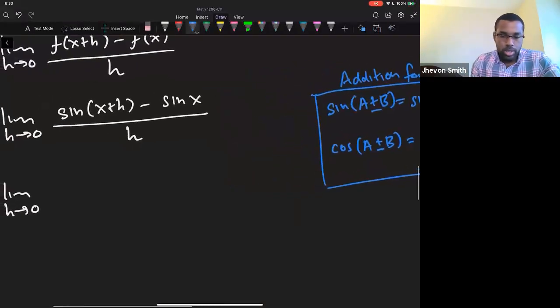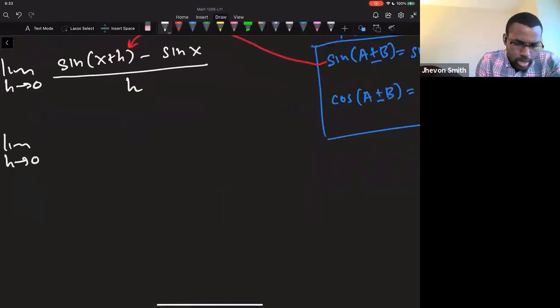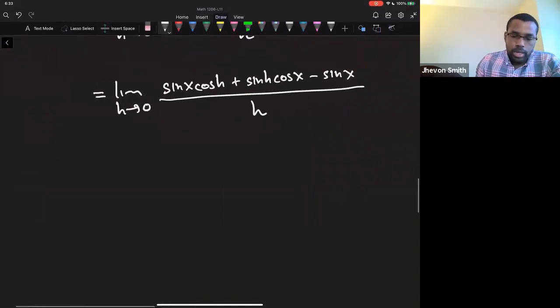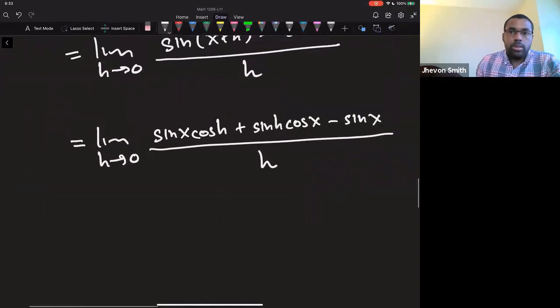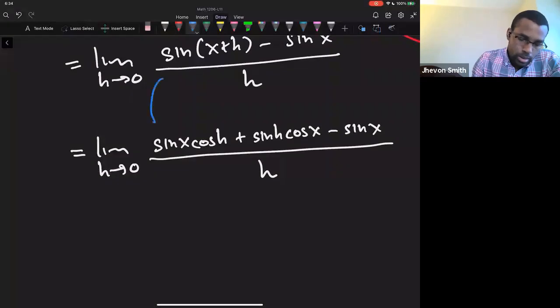So I'm going to use the first one on here. So this is going to be sine x cosine h plus sine h cosine x. So that's what we have here by using the addition formula for sine.